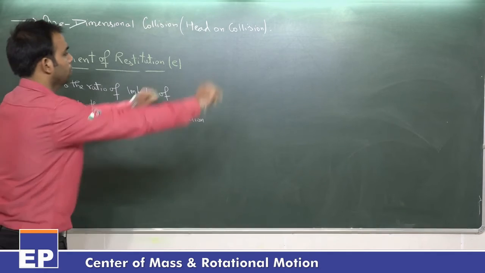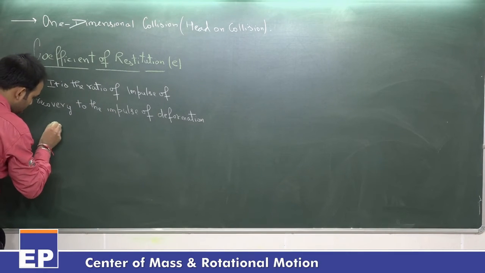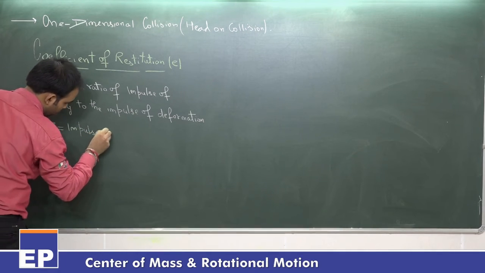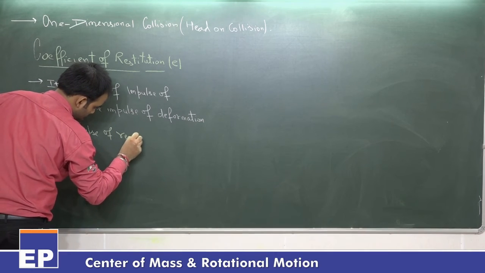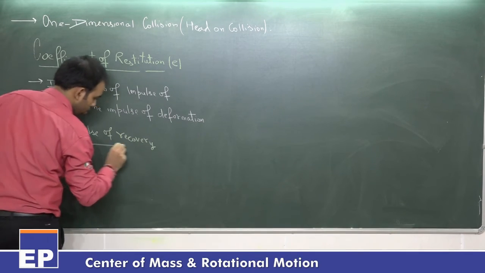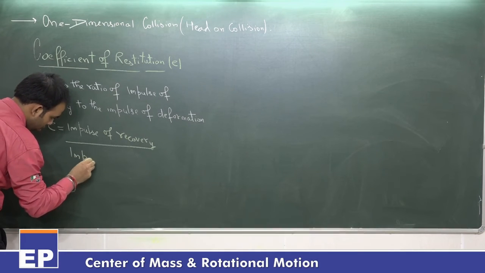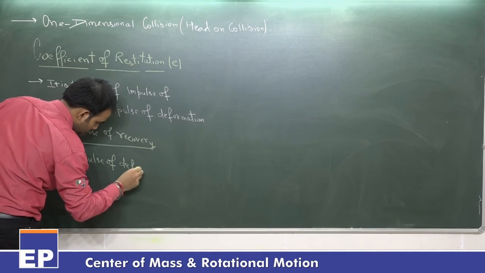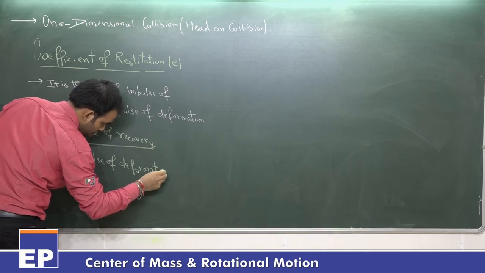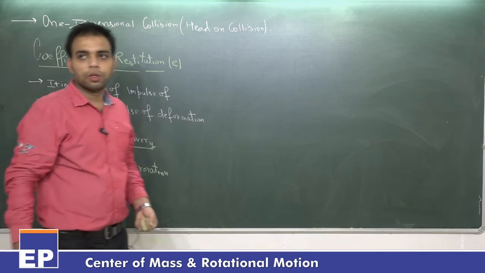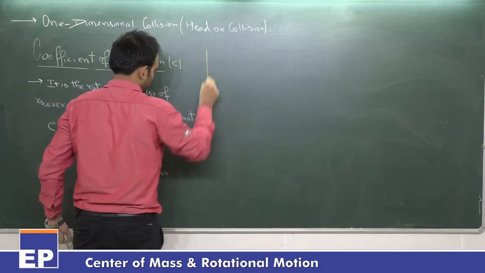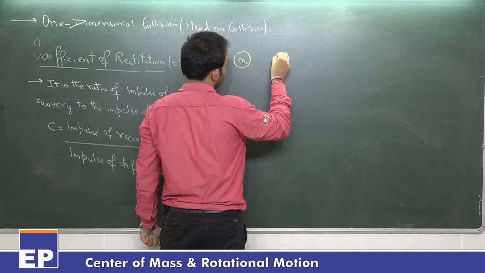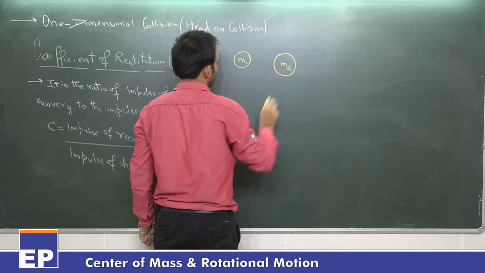देखो इसका मतलब क्या है? E is defined as impulse of recovery to the impulse of deformation. देखो, जैसे इसको हम कैसे डिफाइन कर सकते हैं? There are two masses M1 and M2.